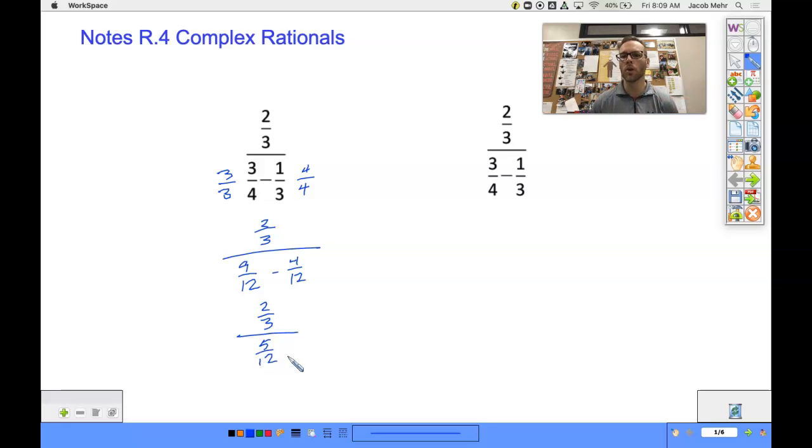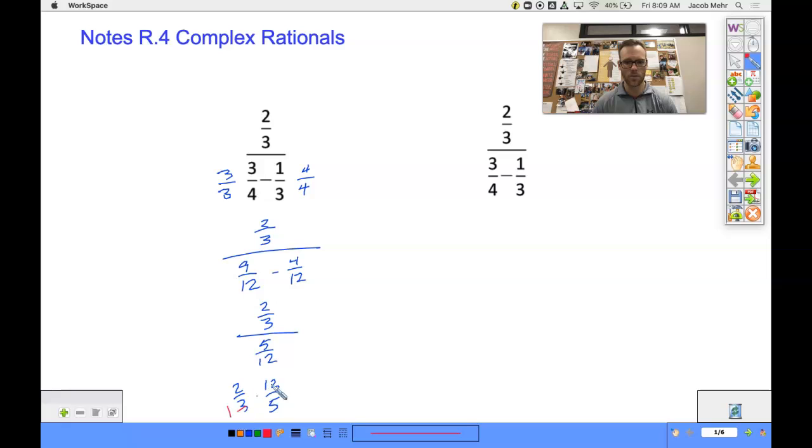And then we could remember this. Dividing is the same as multiplying by the reciprocal. So I could take 2/3 divided by 5/12 by taking 2/3 times 12/5. So I changed 2/3 divided by 5/12 to 2/3 times 12/5.